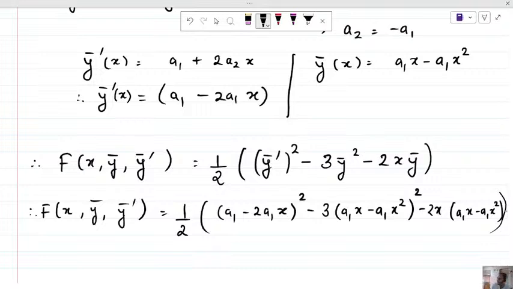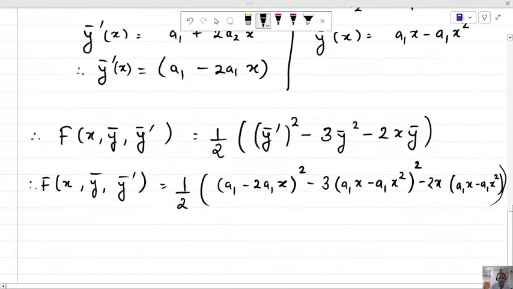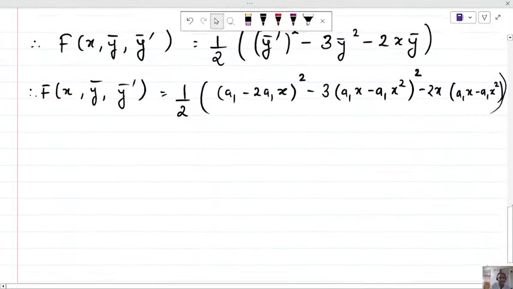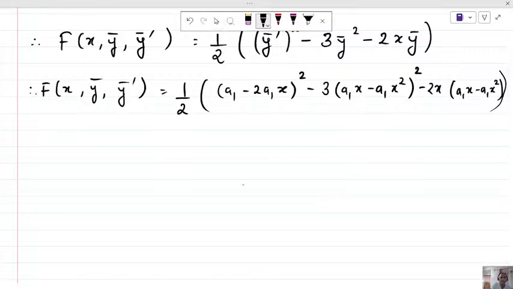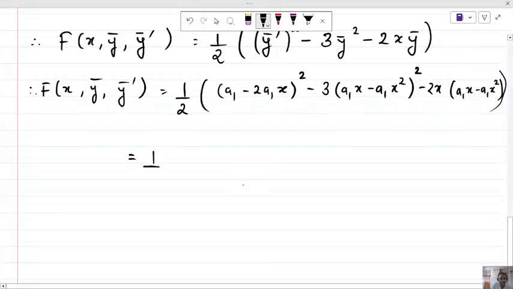Now we will be able to write the answer easily. If we want, we can do a bit of simplification, otherwise it is not required. So I'll do a bit of simplification. 1 by 2 I'll keep outside.